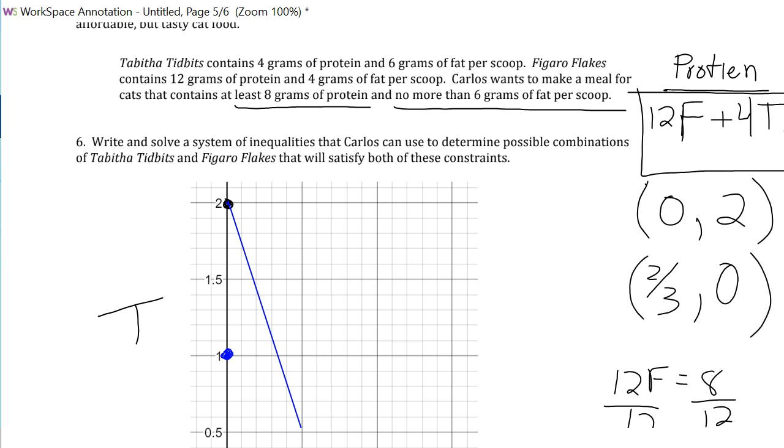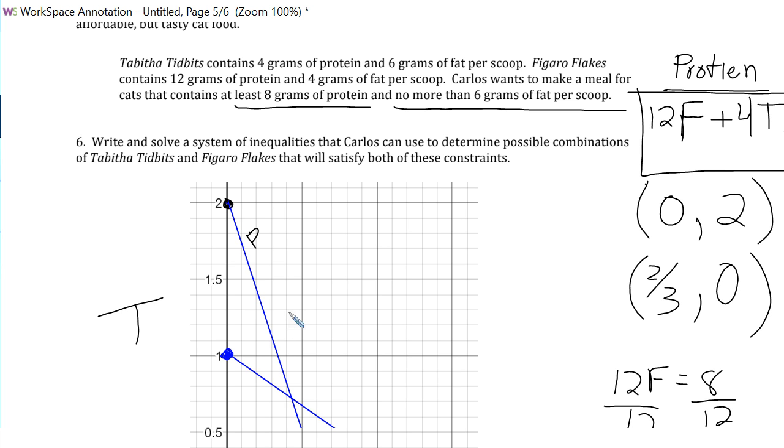We'll graph this line as well, and then we're going to shade. Let's keep track. This would be the protein line, and this would be the fat line.